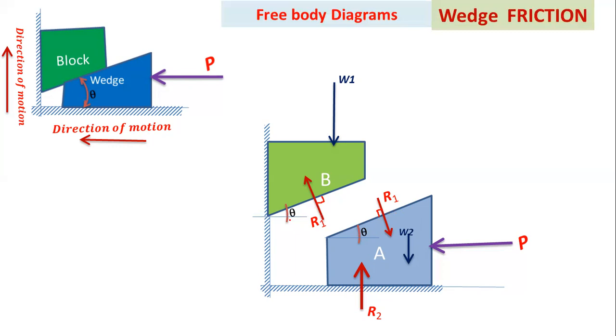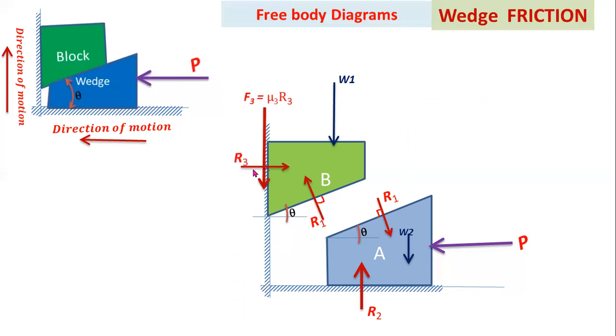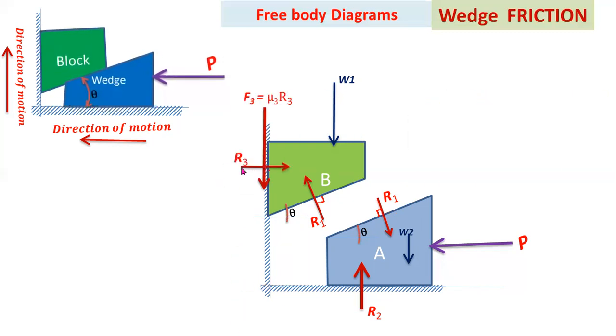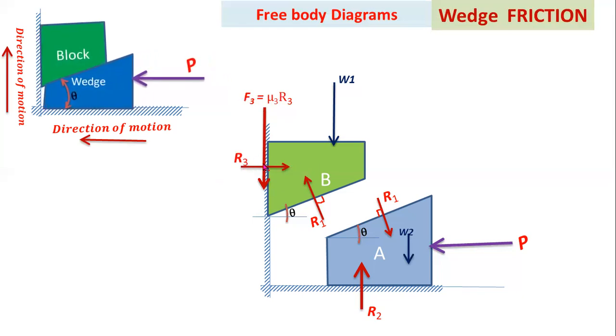Now you have to consider another reaction force here. There is a contact between the vertical wall and the block, so you have to consider another reaction force R3, the reaction force between the vertical wall and the block.